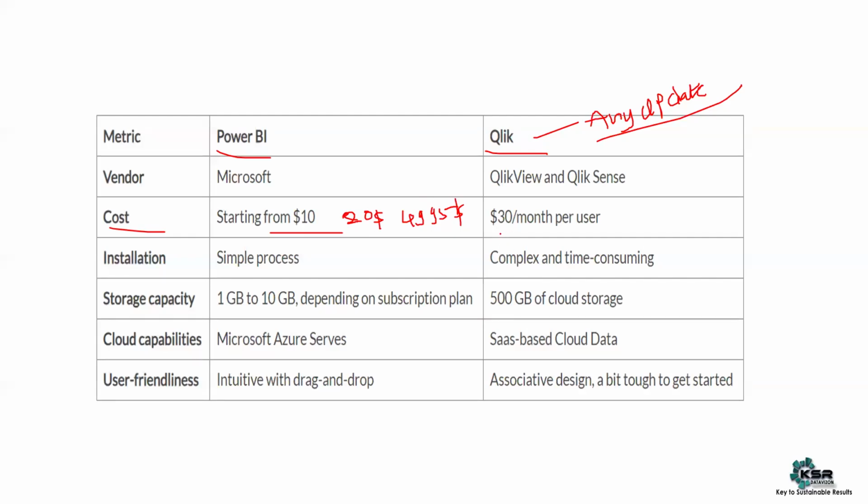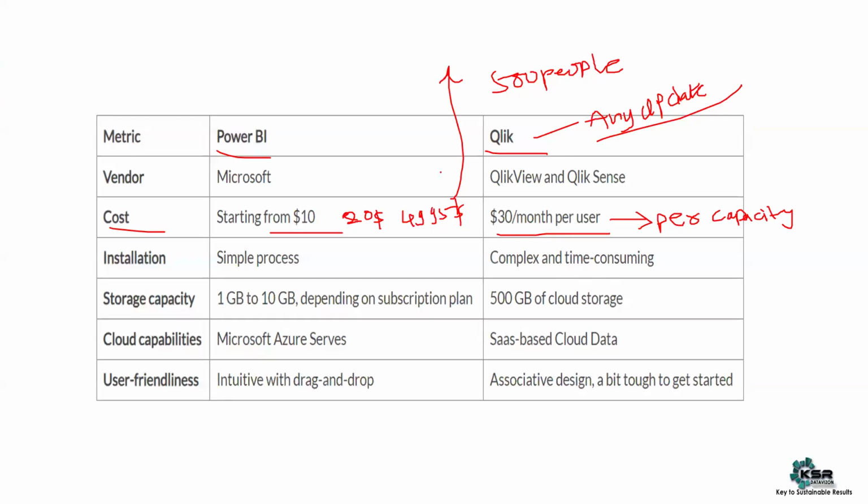Whereas if you compare with Qlik, it is $30 per user, per user per month, not per capacity or per organization. Power BI premium per capacity, $4,995, can be shared with 500 people as well.